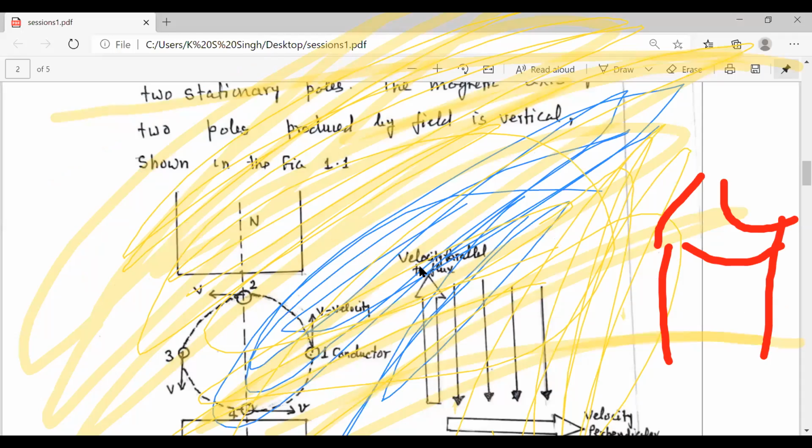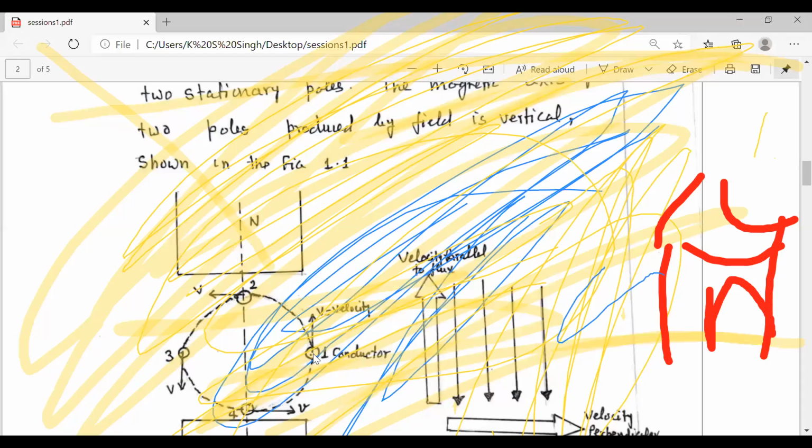Due to this, the velocity of the conductor is parallel to the direction of the flux.